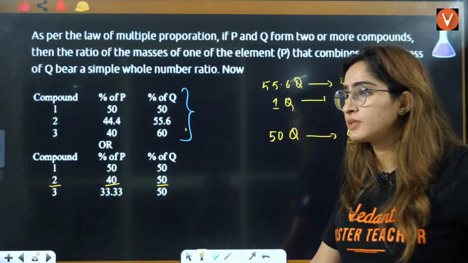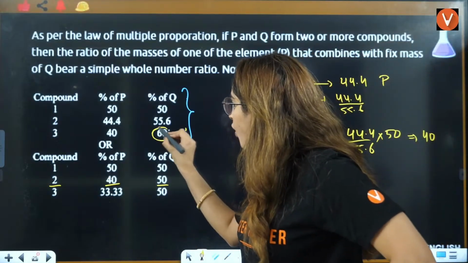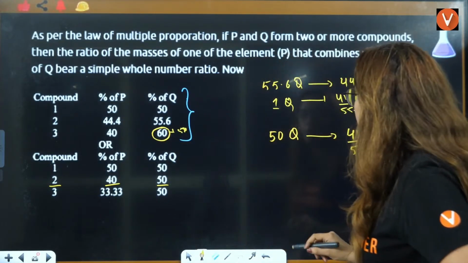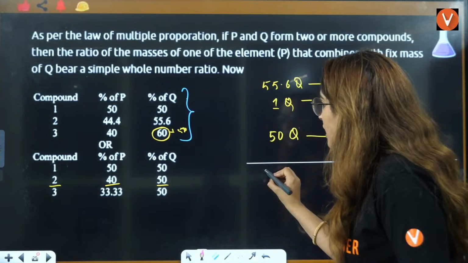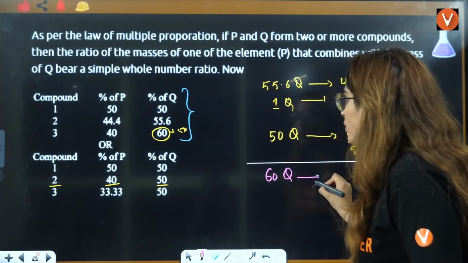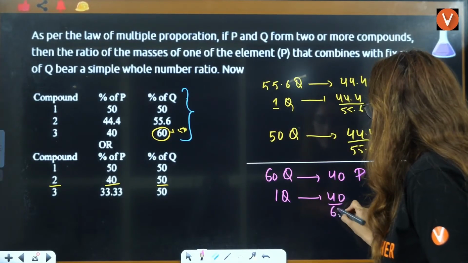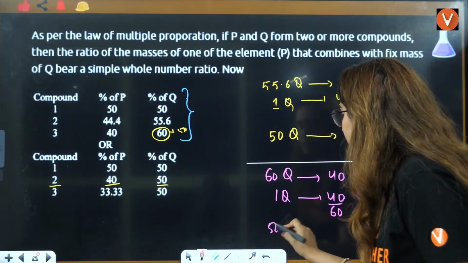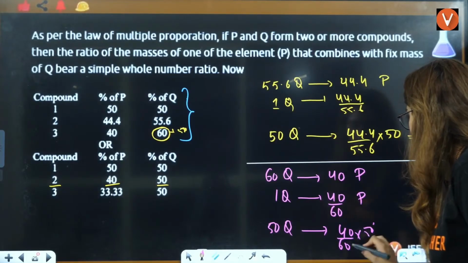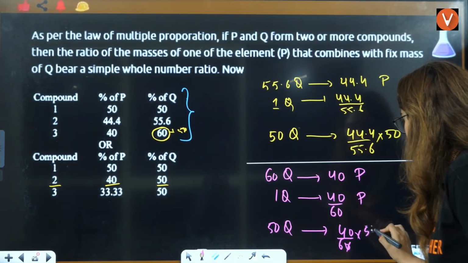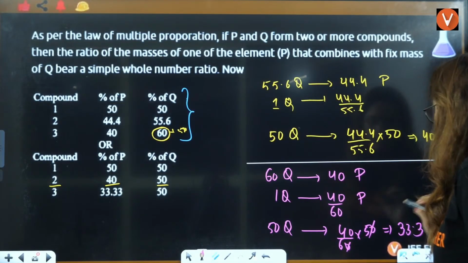Okay. Now, let's understand one more thing. If I put this also as 50, what will I do here? Again, I'll apply the unitary method. That is, 60 of Q has 40 of P. 1 of Q has 40 by 60 of P. Then 50 of Q, I want to know, will have 40 by 60 into 50 of P. So the answer is going to be 33.3, right?